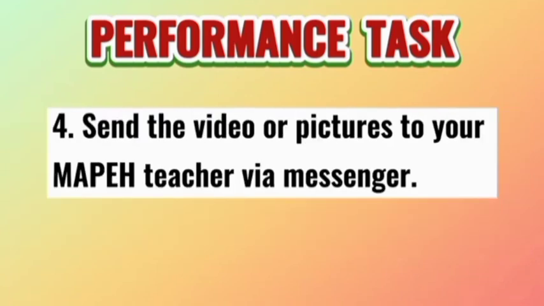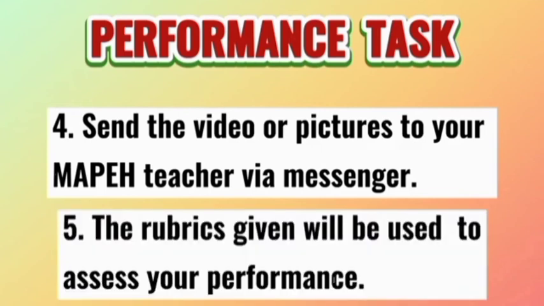Number 4, send the video or pictures to your MAPI teacher via Messenger. Number 5, the rubrics given will be used to assess your performance task. Here are the dance steps that you need to perform.